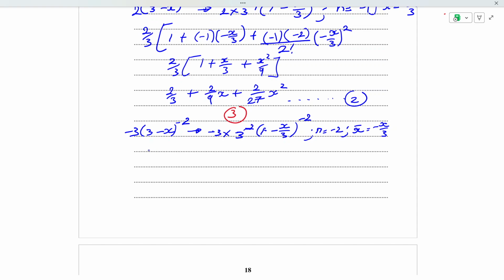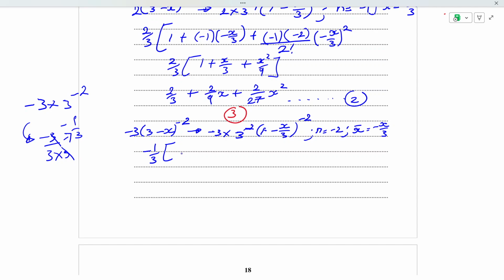Outside we have negative a third, because negative 3 multiplied by 3 to the negative 2 will be equal to negative 3 over 3 squared, which is essentially 3 multiplied by 3. Then we divide that, so we'll be left with negative a third. That's what we did to get this negative third.